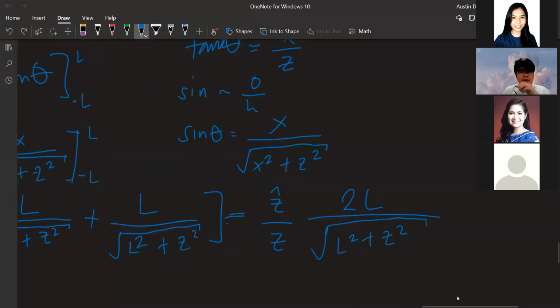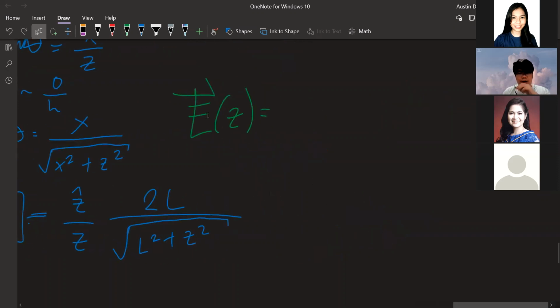The electric field, let's get a different color. Electric field. E will be Z, and then it becomes 2k lambda L over Z, L squared plus Z squared, Z hat.